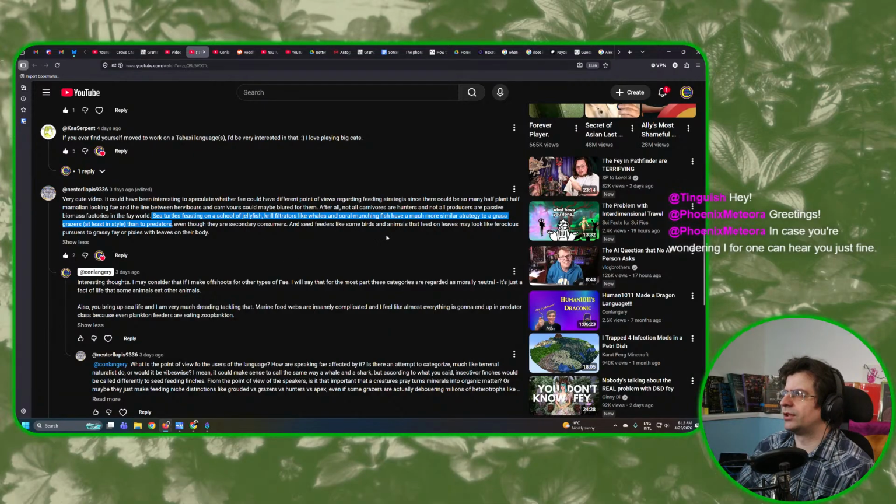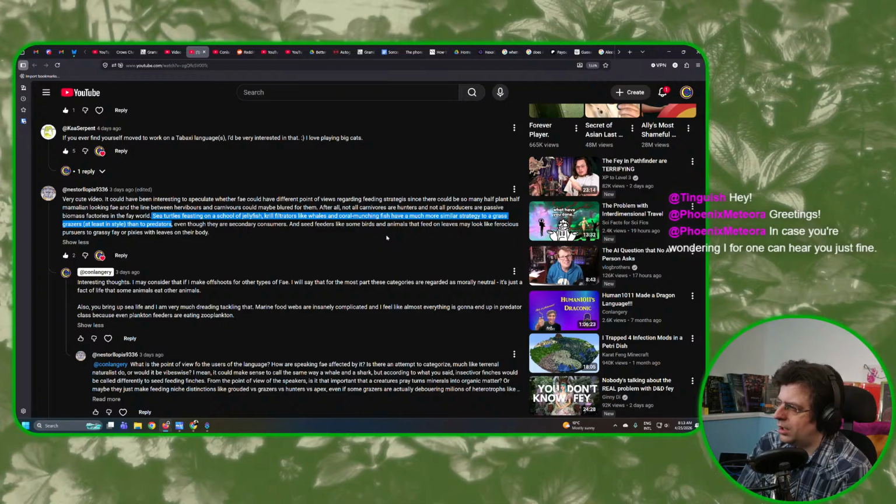Coral munching fish. By that, I'm thinking they're thinking of parrotfish, which is interesting because my understanding is that parrotfish are actually after algae, and they have a function on the reef of cleaning excess algae from the coral, which is actually helping the coral.